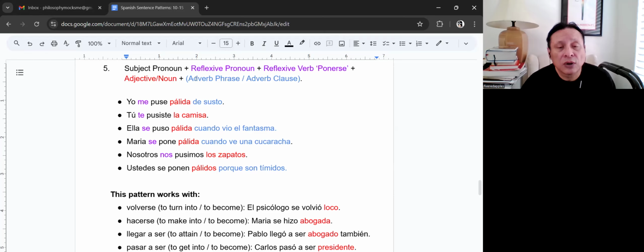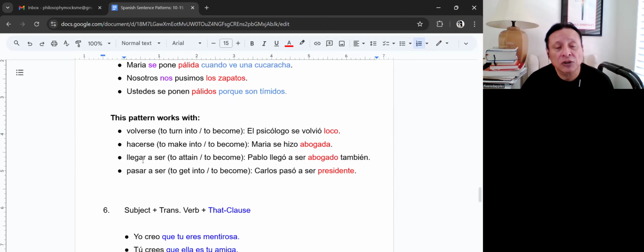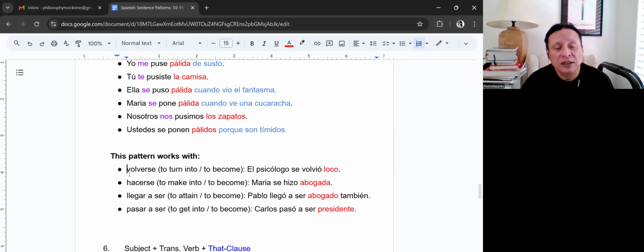So this is the reflexive pronoun poner. And this same pattern where you throw in an adjective or a noun, because you're changing into something, works for these verbs also. Volverse is to turn into, or to turn back into, kind of, which has the idea of to become.